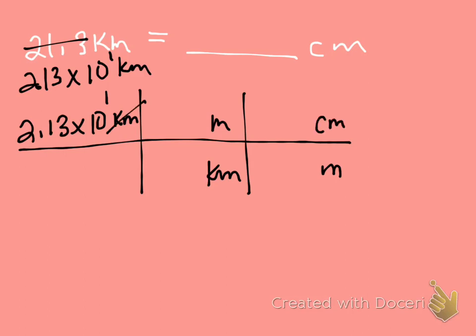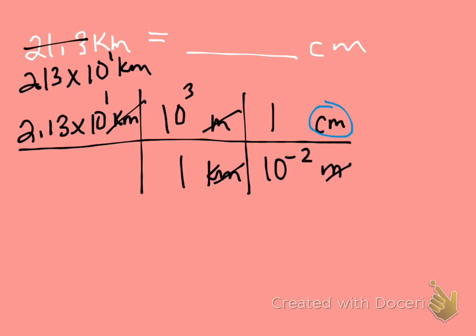Okay, so I'm just going to check to make sure all my units will cancel. Yes, I end up in centimeters, which is what I want. So now I'm ready to put in some numbers. I'm going to do the ones real quick so that I don't screw up. And my powers of 10 always, always go with the base. So kilometers, what's the power of 10? 10 to the third. Centi, what's the power of 10? Negative second.